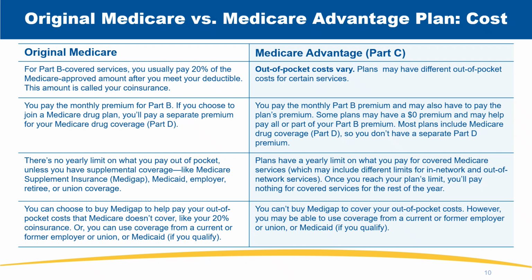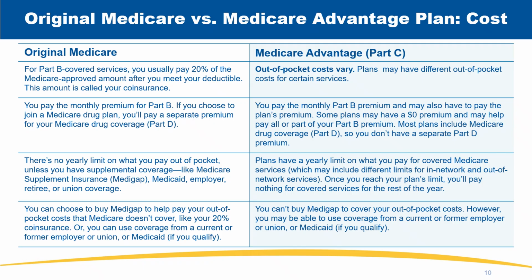Sometimes they will act as a Medigap, so you will not need to enroll into a separate Medigap plan because you would already have the coverage. You can choose to buy Medigap to help pay your out-of-pocket costs that Medicare doesn't cover, like your 20% coinsurance. Or you can use your coverage from a current or former employer or union or Medicaid if you qualify.